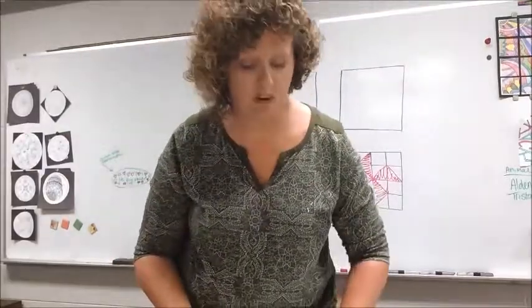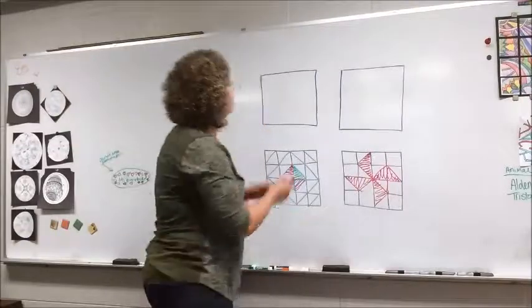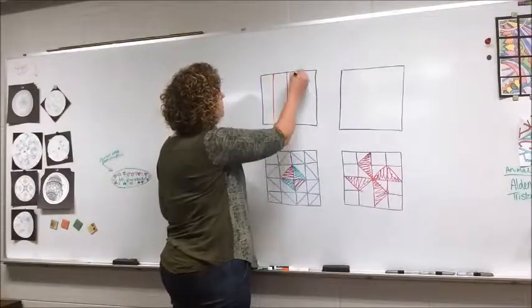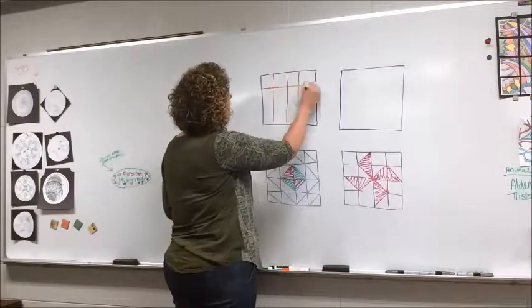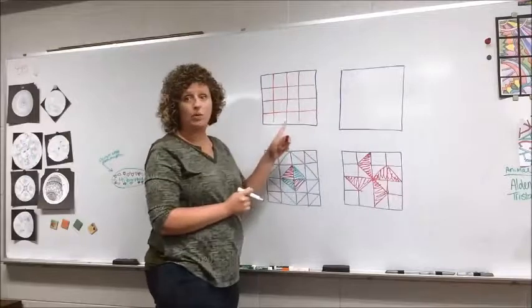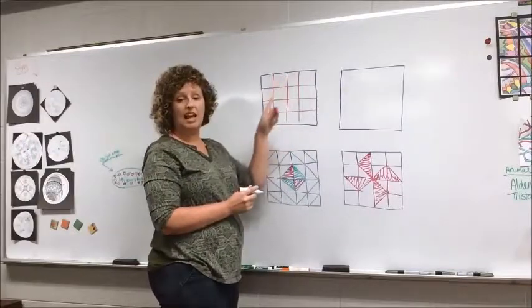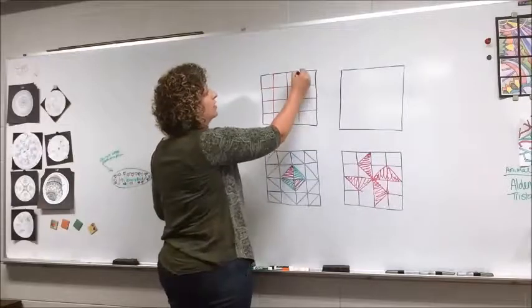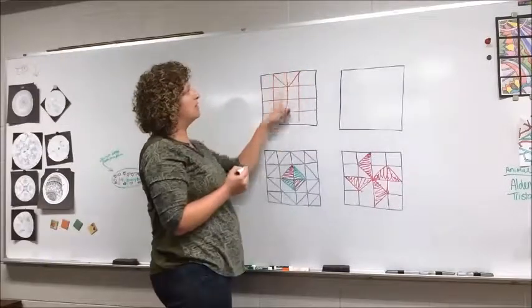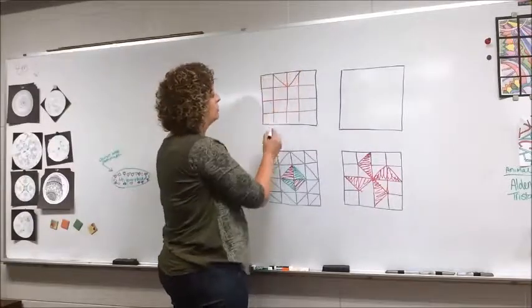Another really fun one is a star. So for the star, we're going to start with our grid, and we're going to draw a little triangle arrow pointing down. So this is the middle of my square, and my arrow is pointing down toward the middle.